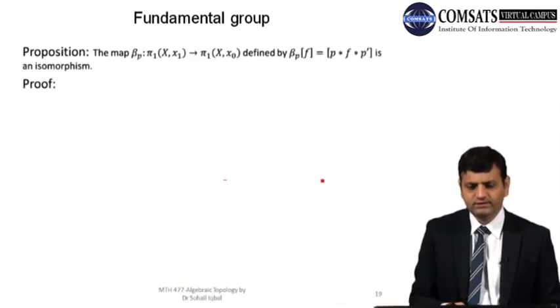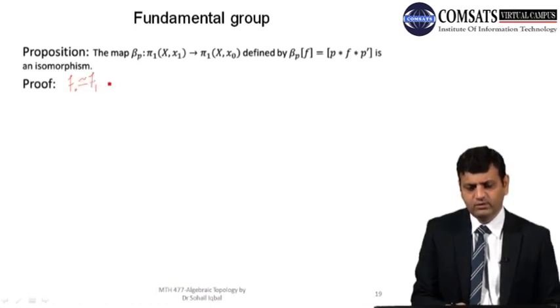So how to show this result? The first thing is we have to show that this map is well defined. So how to show that this map is well defined? If I have two elements, let's say f0 and f1, which are homotopic.